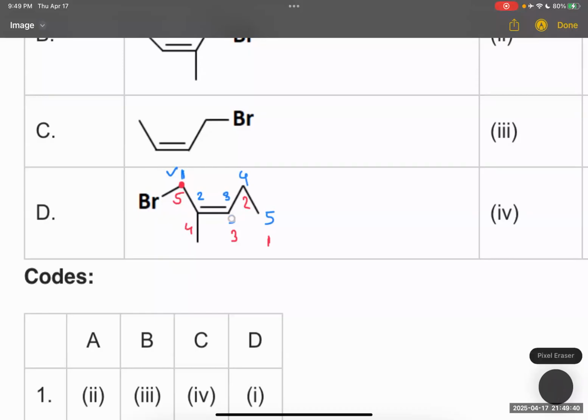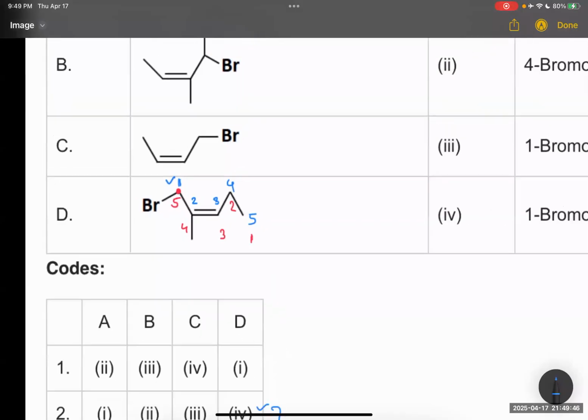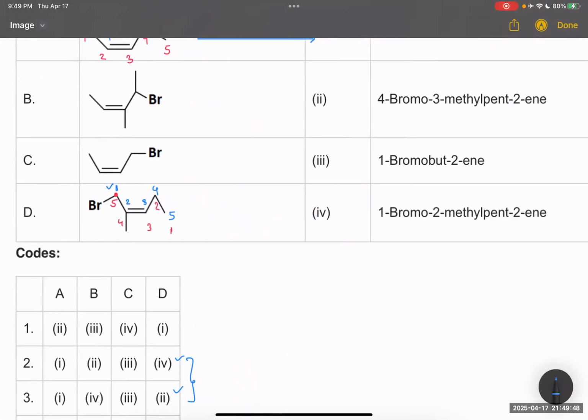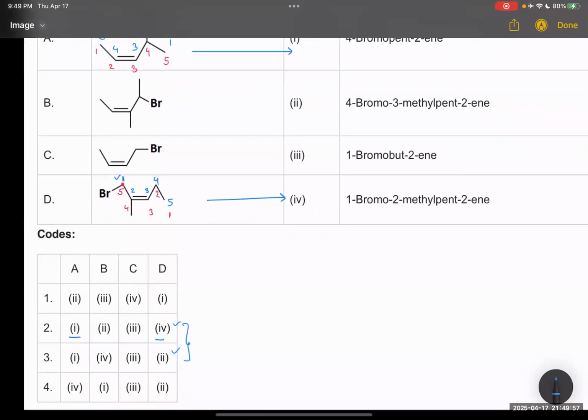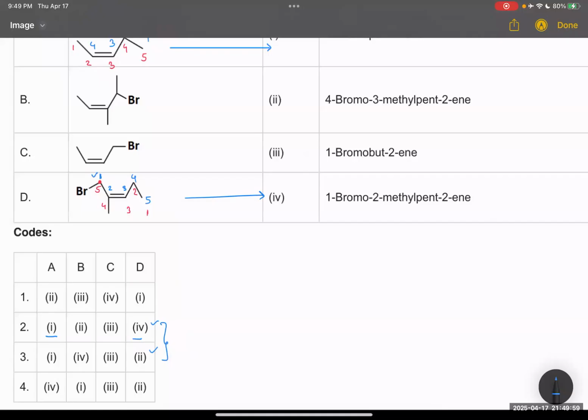3, 4, and 5. This is 1-bromo, 2-methyl, pent-2-ene. So this one and this one are matching, and they are not there in any of the other options. So this is going to be the answer. Is that clear or not?